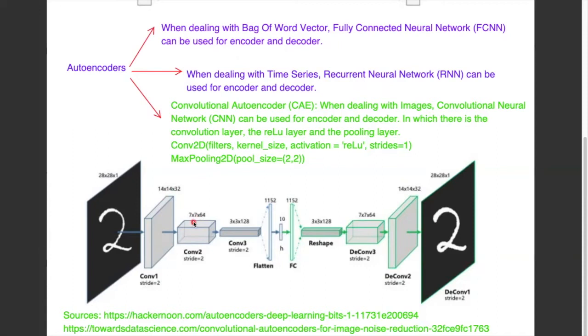From 14 we go to 7 by 7, 3 by 3, and then in the latent space we are limiting it to only 10 nodes, right? And then after that we do upsampling, 3 by 3, 7 by 7, 14 by 14, back to the original image here. Because we do flattening here, we are losing all the spatial features, all the localization features. We are only focusing on the latent variables.